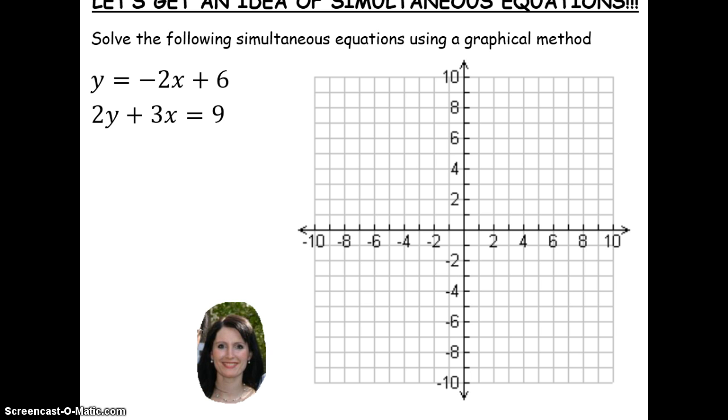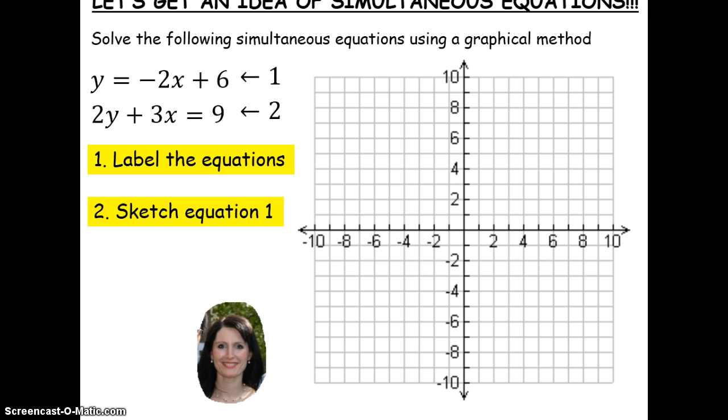Let's now solve a pair of simultaneous equations using a graphical method. So here are the equations: y equals -2x plus 6 and 2y plus 3x equals 9. You need graph paper to do this because if you do it freehand, you're not going to get an accurate solution. Let's label the equations 1 and 2. Let's sketch equation 1. So c equals 6, there it is.